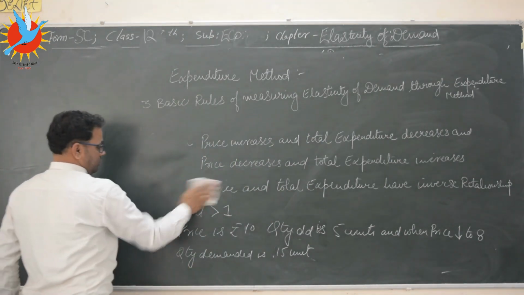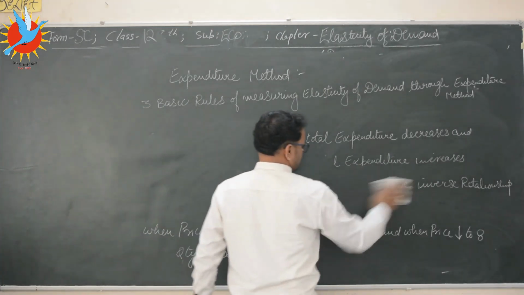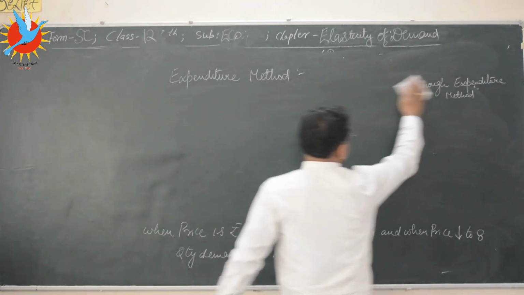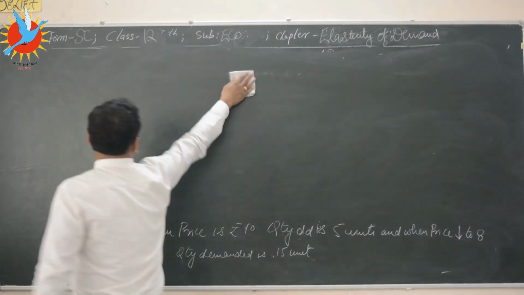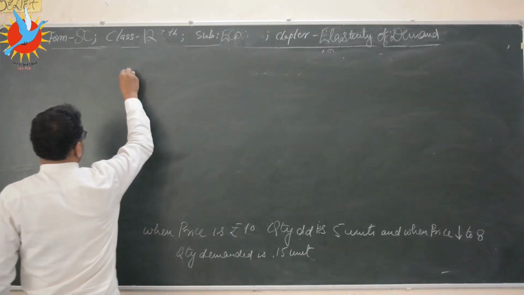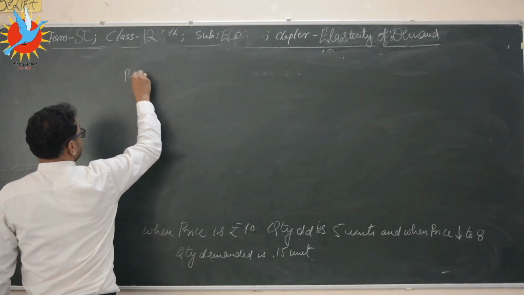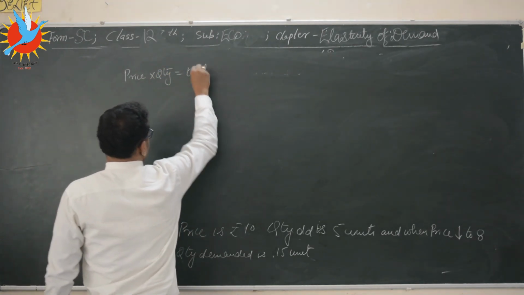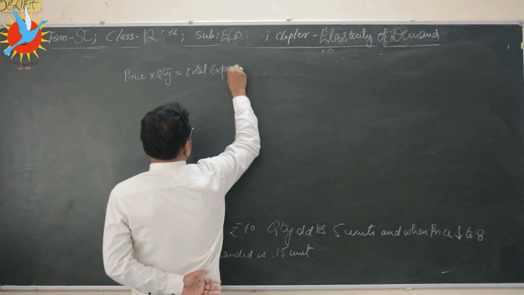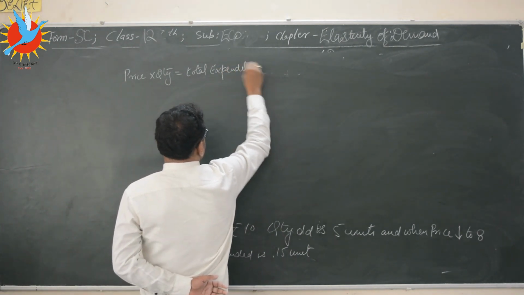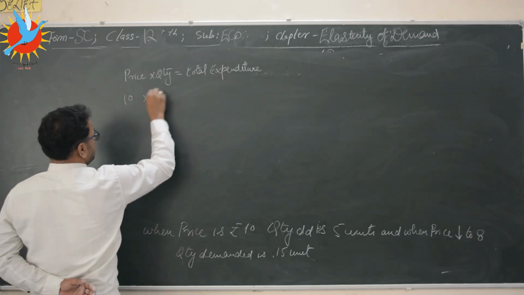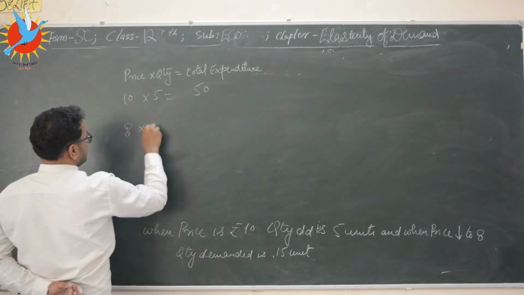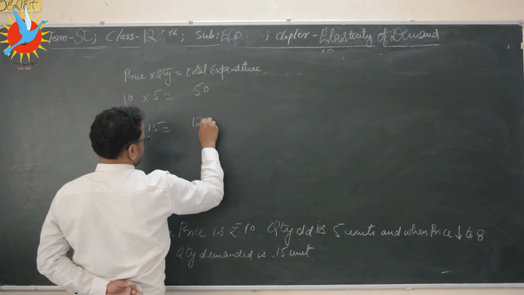So let us measure the total expenditure. Price into quantity is equal to total expenditure. When price is 10, quantity demanded is 5, so total expenditure is 50. And when price is 8, quantity demanded is 15, so total expenditure is 120.